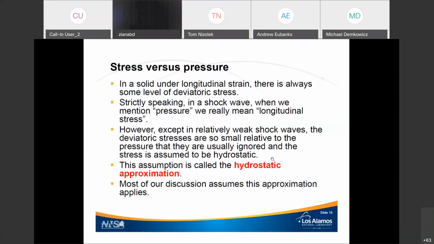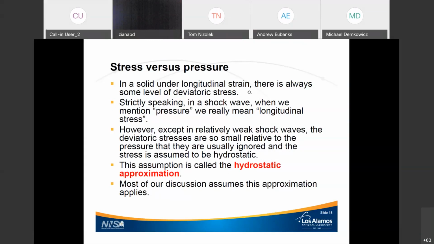Now, I've been using the word pressure, and the materials may often be solids, which means that under longitudinal strain, there's always some level of deviatoric stress.